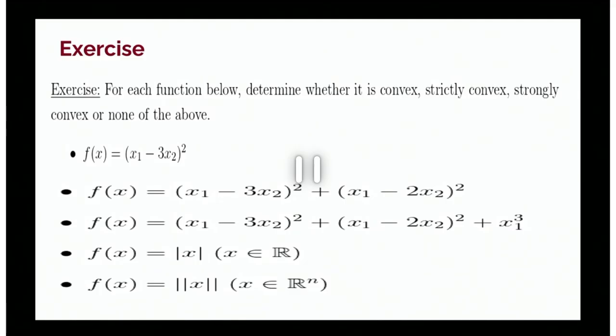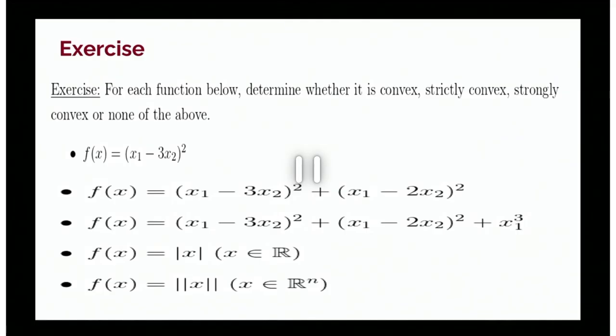I want you to use the second order condition, where you set up your Hessian matrix and find the eigenvalues. When the eigenvalues include 0 and positive numbers, that is convex. We call that positive semi-definite.